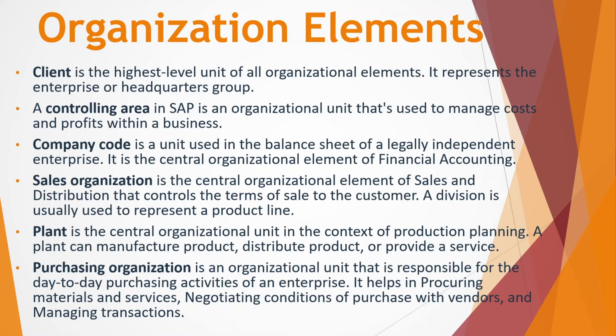Then again we have a very important org unit called plant. Plant is mainly used for production planning. It can produce, it can distribute the products, and the same plant can even provide us services as well, for example, maintenance. So any kind of product or service when you start dealing with in the SAP system, you will definitely have to set up a plant as well. Then purchasing org.